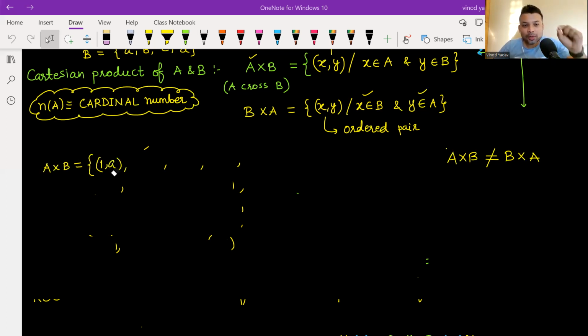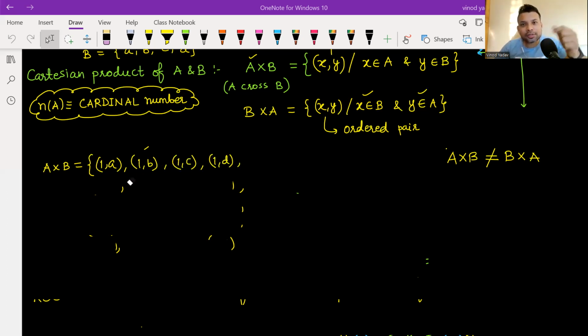It's a set, so it will contain ordered pairs. A cross B I have written, so the first element will come from set A and the second element will come from set B. Set A had 1, 2, 3, 4, 5. I had picked up 1 from set A, and in set B I had A, B, C, D. So you can create 1A, then pair 1 with B, then 1 with C, 1 with D, like that.